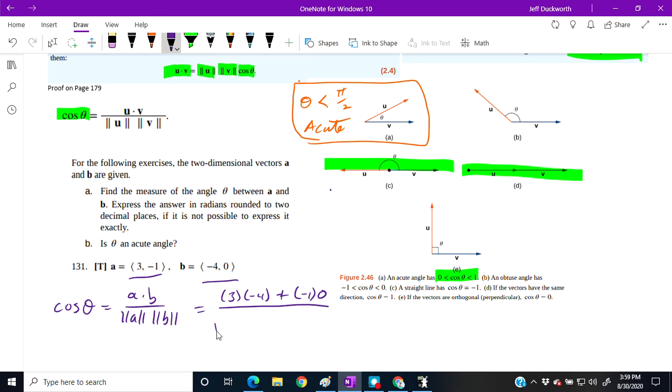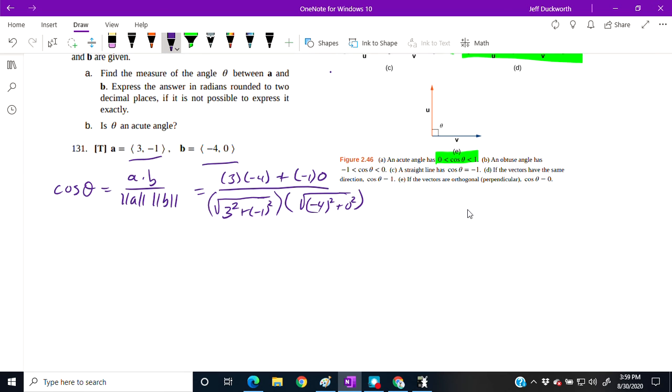The magnitude of A is the square root of each of those squared, so 3 squared plus -1 squared. That's the magnitude of A. We're going to multiply that by the magnitude of B, which is -4 squared plus 0 squared. And that gives us -12 over, looks like square root of 10, and square root of 16, which is just 4.